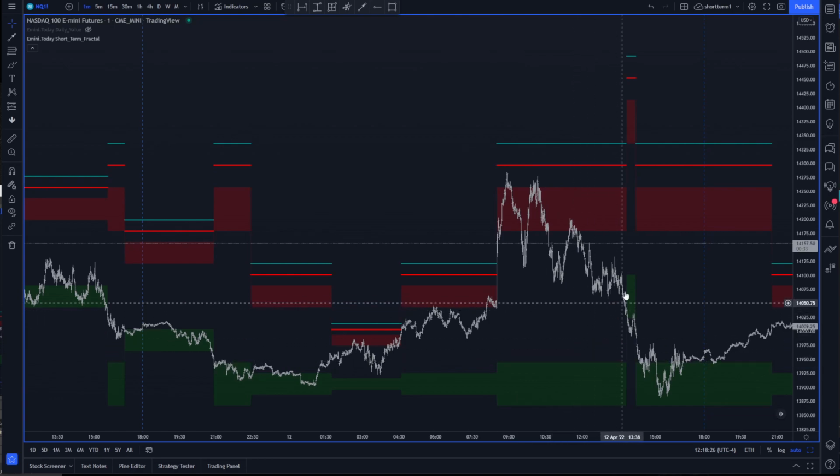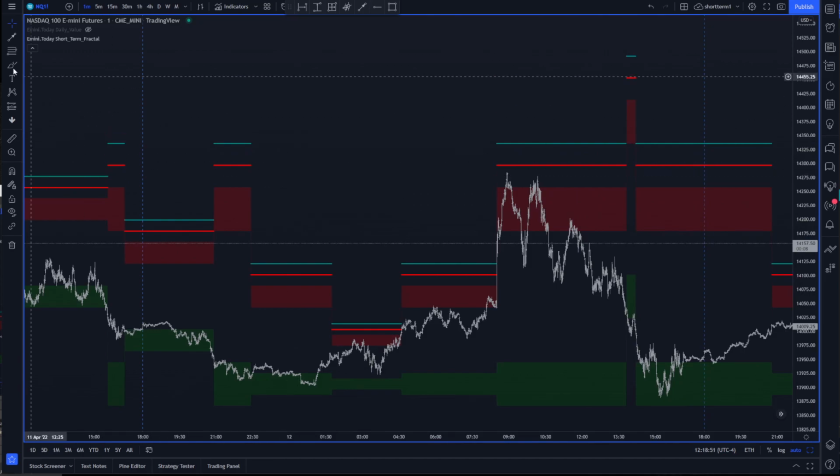Or if there is any fractal in between, on the way down, you can scale out at the first fractal, then put your short position to break even, and you can wait with the runners to hit the other side of the fractal.